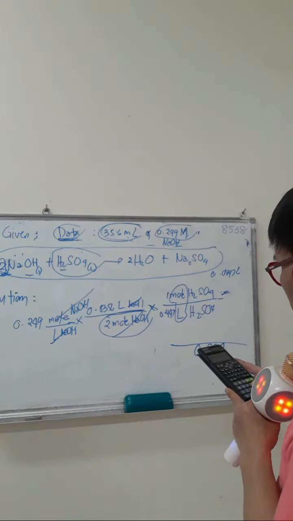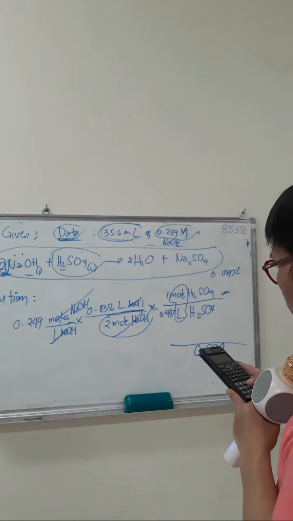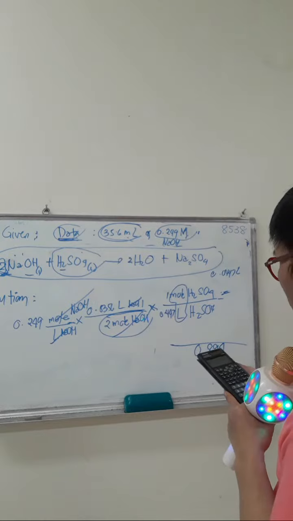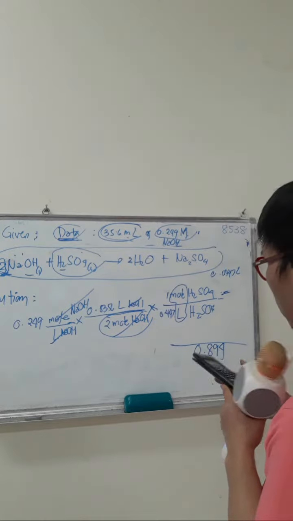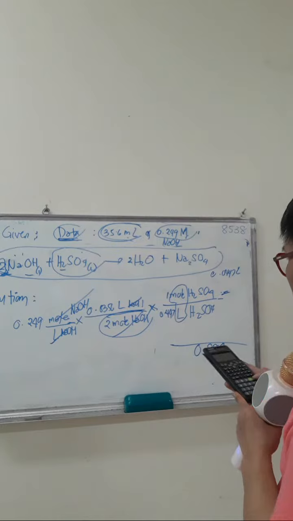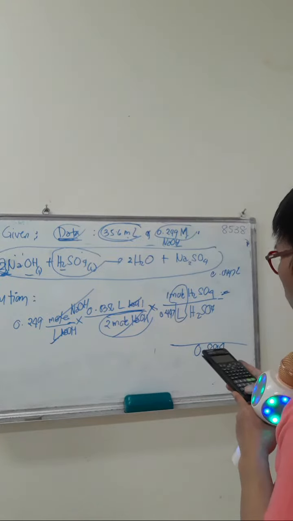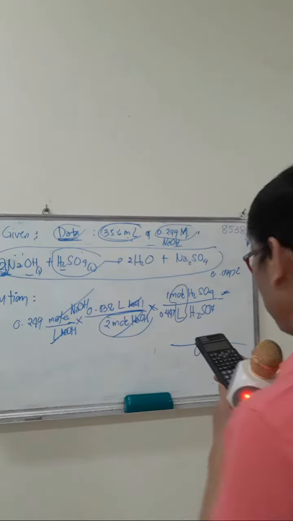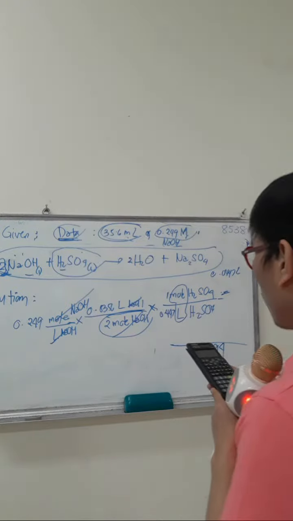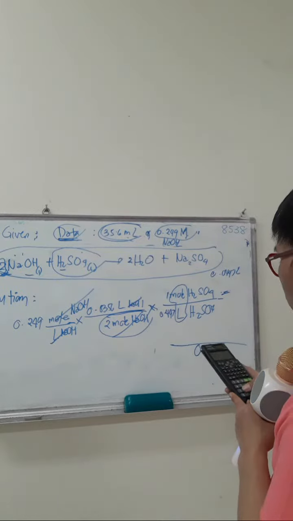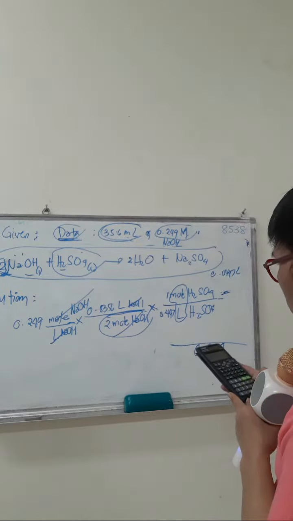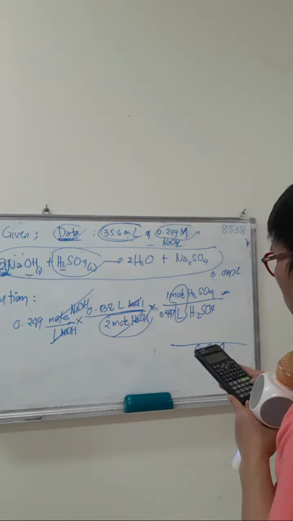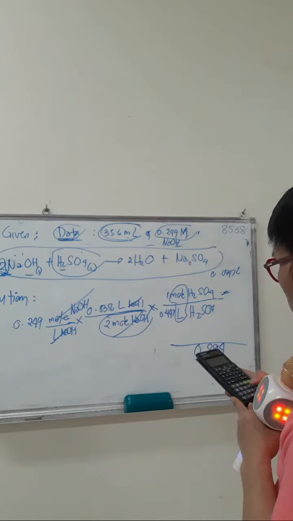And then the other one is 2 moles of sodium hydroxide, so 2 times 0.0447, which is 0.0894. So we divide the top: 0.249 times 0.0356, divided by 0.0894.